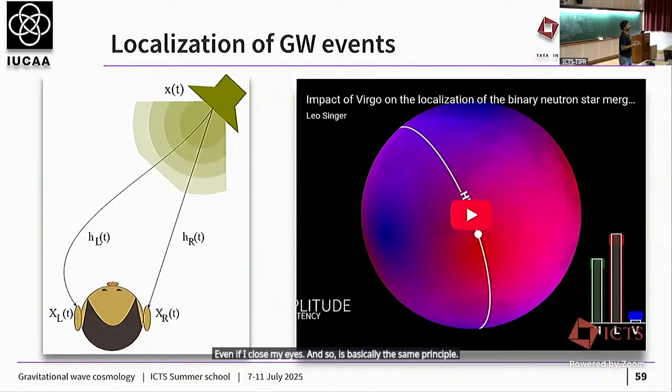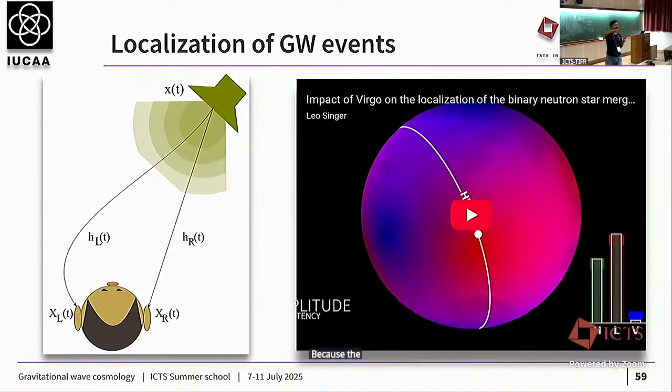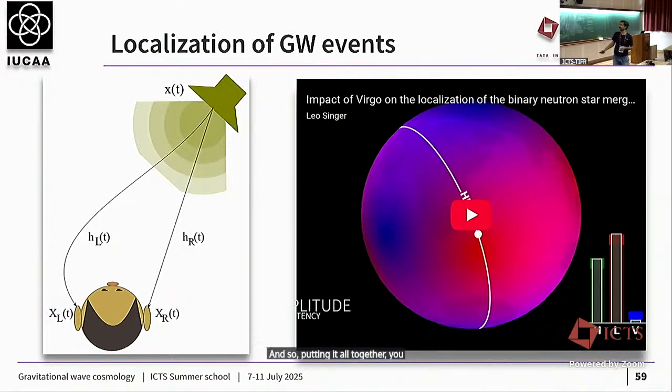The other thing that is similar to what our ears do is that our ears have folds, so it's not a uniform response to all directions. Because the ears have folds, they have different responses in different directions. So you can break some of the degeneracy based on more than the time delays. Putting it all together, you can actually localize these events.